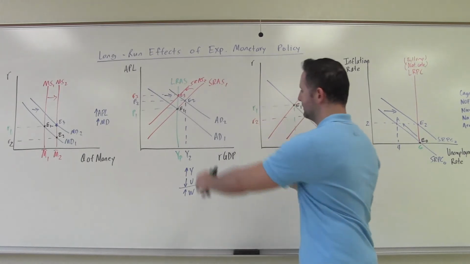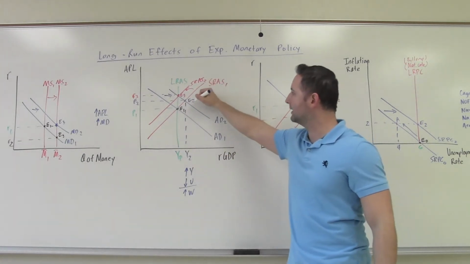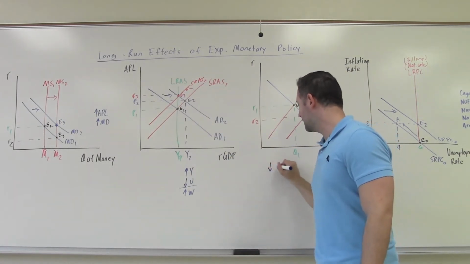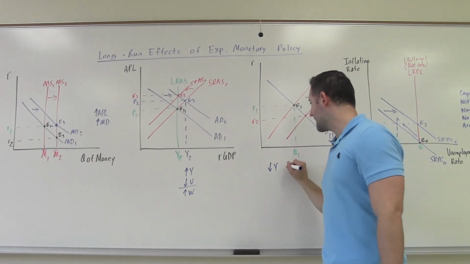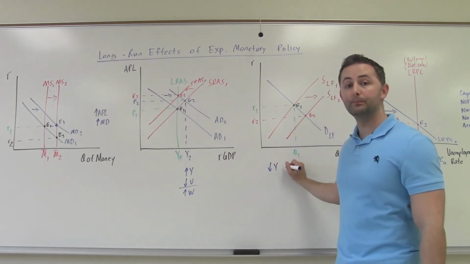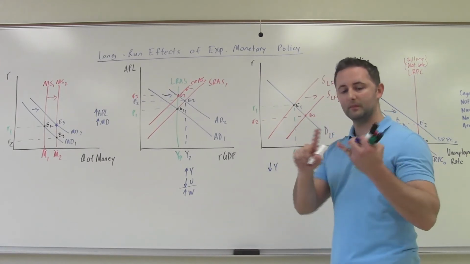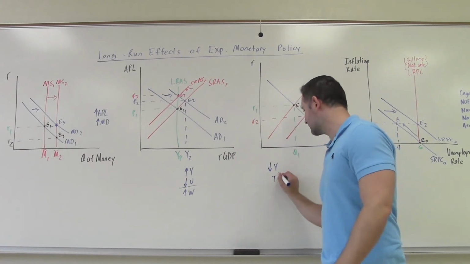What's key here is what happened between E2 and E3 when it comes specifically to output. From E2 to E3, output decreased. When output decreased, remember that Y also means income. Okay? With income, there's only a few things we can do with it. It means taxes, which we don't care about, so cross that one out.